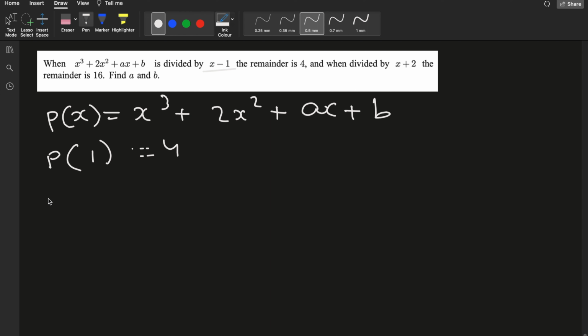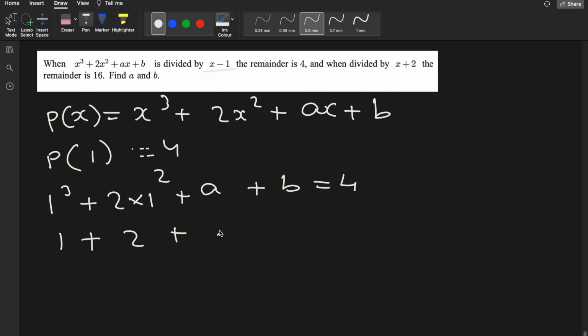So therefore 1 cubed plus 2 into 1 squared plus a plus b equals 4. So we get 1 plus 2 plus a plus b equals 4. So a plus b equals 1.